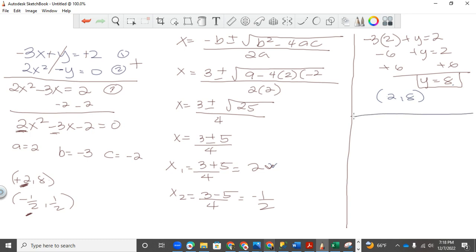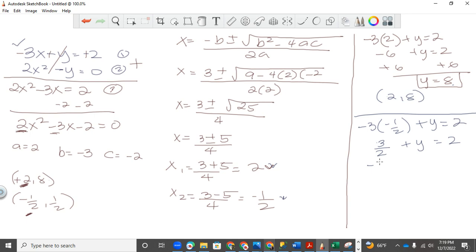Okay, so now we will do the second one. We use the same equation because it is the simpler one. Negative 3 times the second x, which is negative 1 half, plus y equals 2. Negative 3 times negative 1 half is positive 3 over 2, or just 1.5, plus y equals 2.